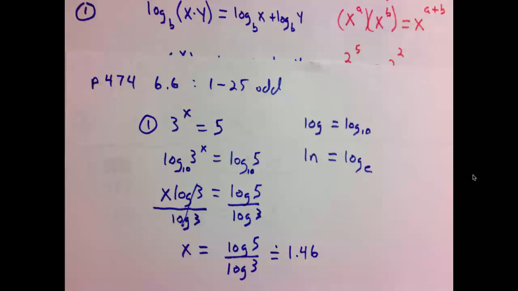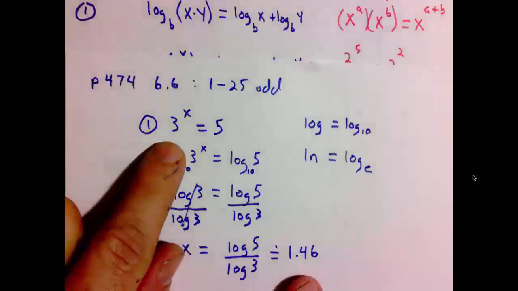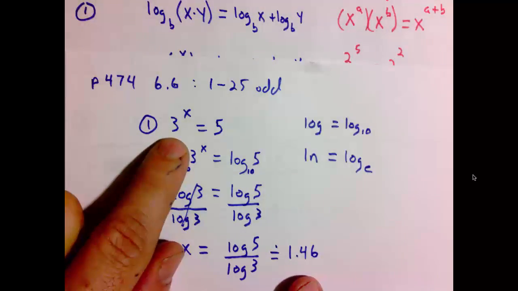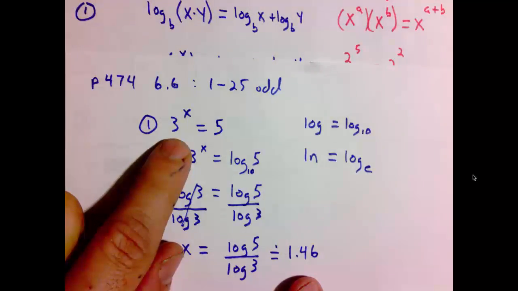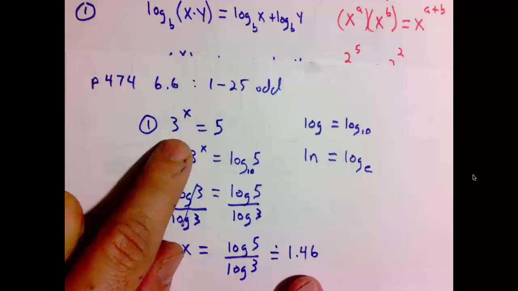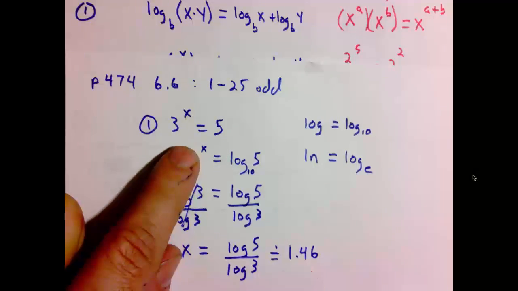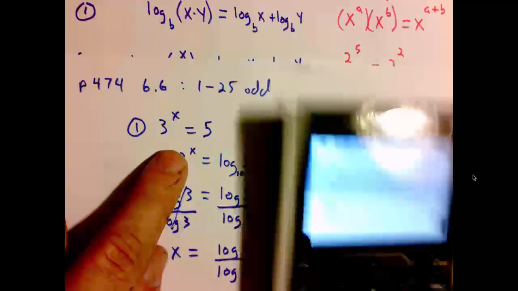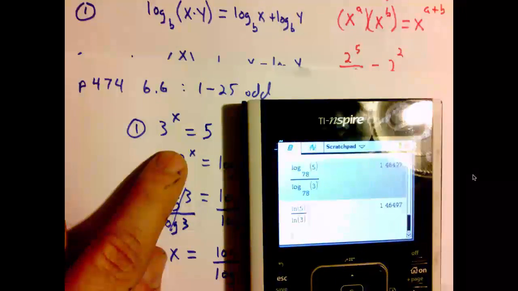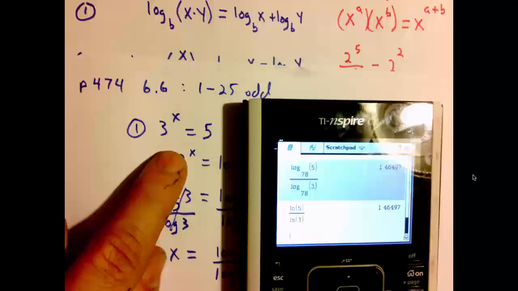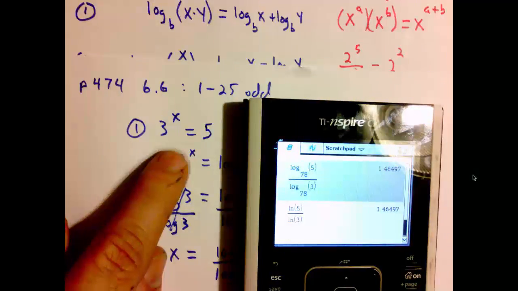Okay. And you could imagine that. I mean, 3 to the first power is 3. 3 to the second power is 9. So somewhere between 1 and 2 is going to yield 3 to the x equals 5. It makes sense. And I'm going to show that substitution. I'm going to substitute this value, 1.46497, into this equation.